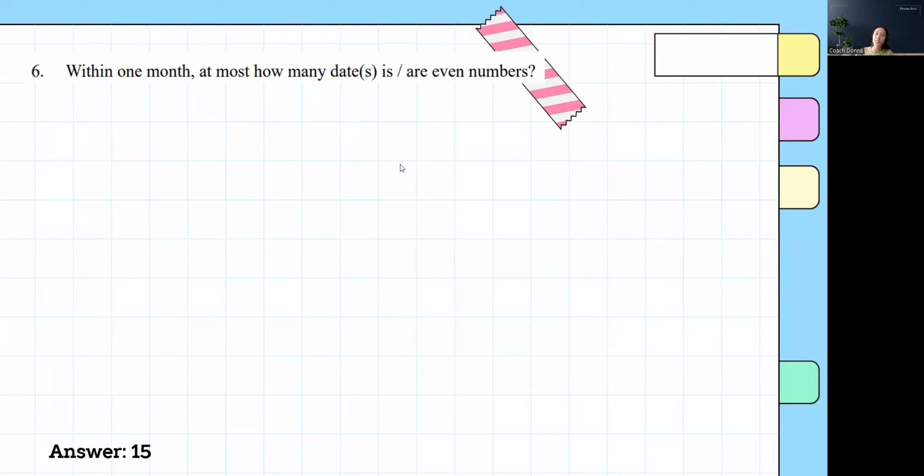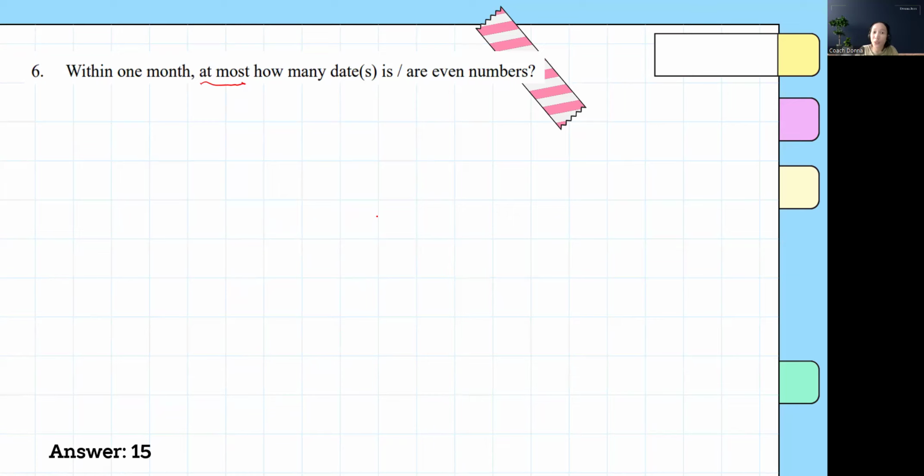Okay, for number 6, we have within 1 month, at most how many dates are even numbers? So we have here within 1 month, right? A month can have 31 days, 30 days, 29 days, but it says at most. So we need the maximum number of days.